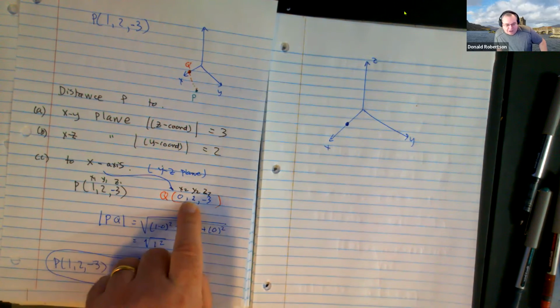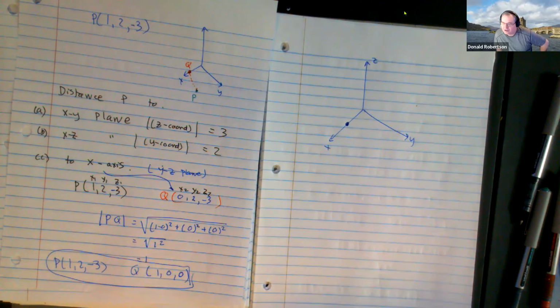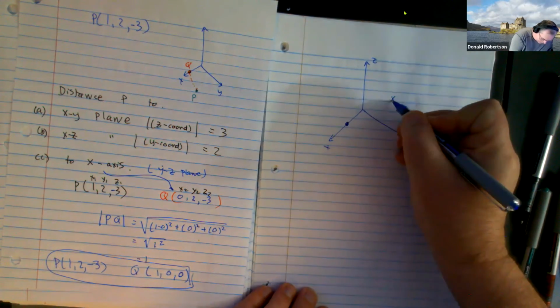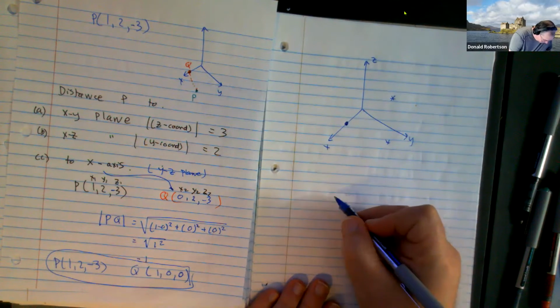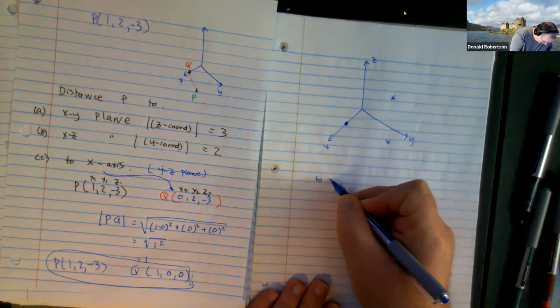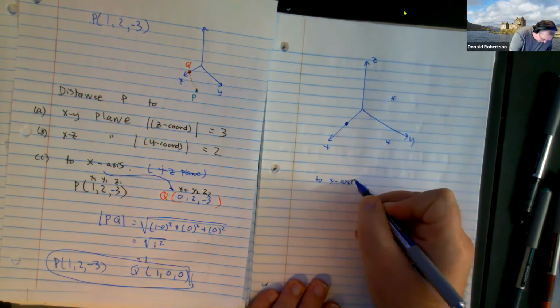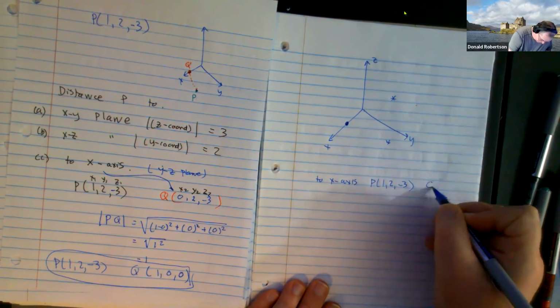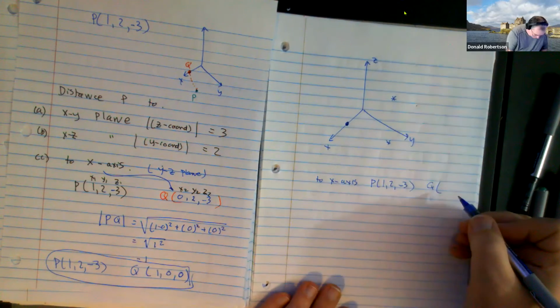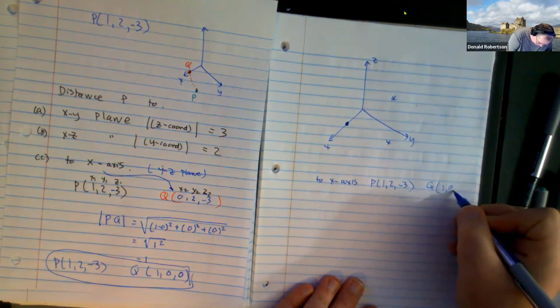Isn't 0, 2, -3 not on the x-axis? Isn't 0, 2, -3 somewhere over here somewhere? Actually, probably somewhere down there. So when you want to find the distance to the x-axis of the point 1, 2, -3 to Q, that's the guy you use.